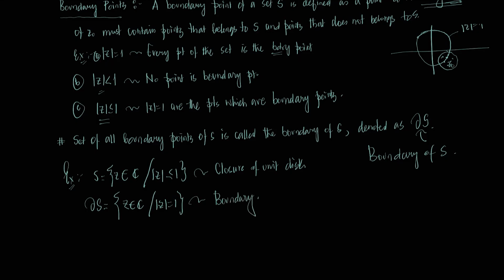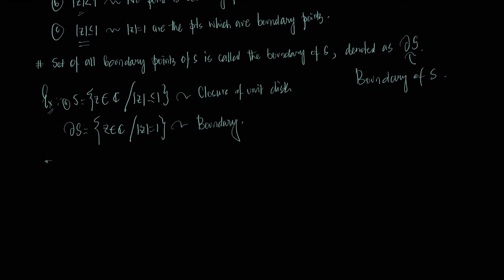Right. And I will give you a small exercise. Define A as the set of all those Z in C such that X, the real part of Z, is positive, or the real part of Z is negative, say less than or equal to 0.